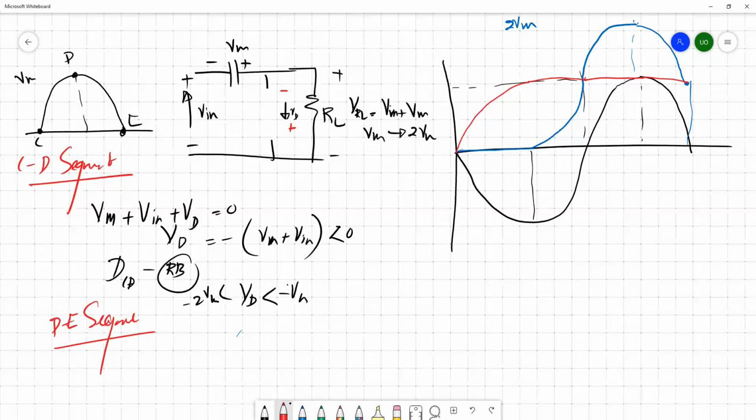If you consider the next cycle as well, you can see this kind of a trend.